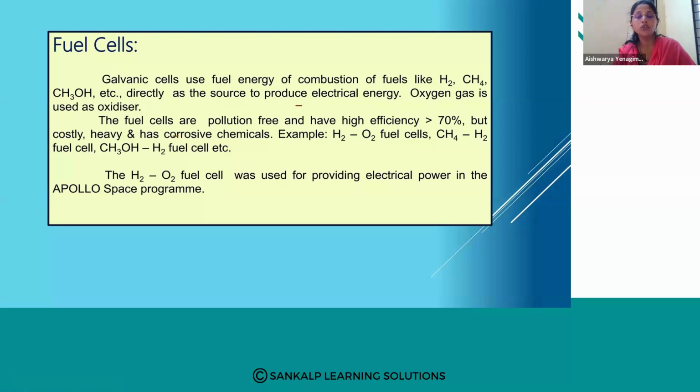So the fuel energy produced there is used as electrical energy. Galvanic cells use the energy of combustion of fuels like H2, hydrogen, CH4, methane, CH3OH directly as a source to produce electrical energy.